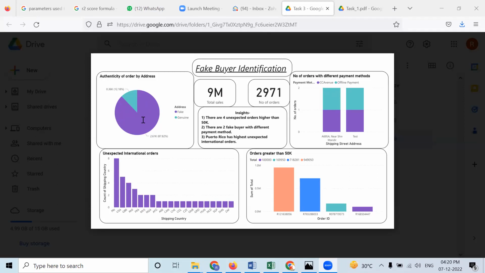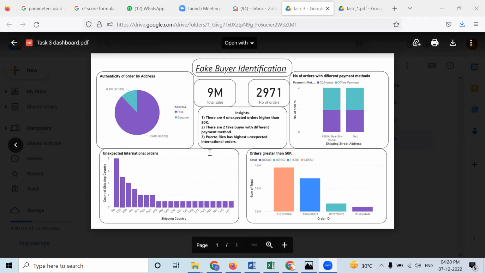Then when you compare, you will get a different result. Rest of the things are okay. And here in unexpected international order, try to put a legend also so that your order ID is also visible. Okay, ma'am. Got it.